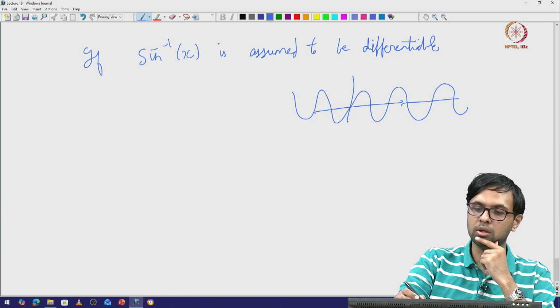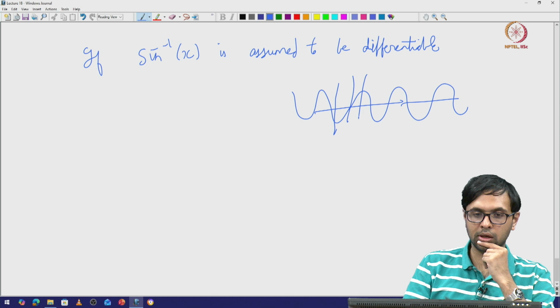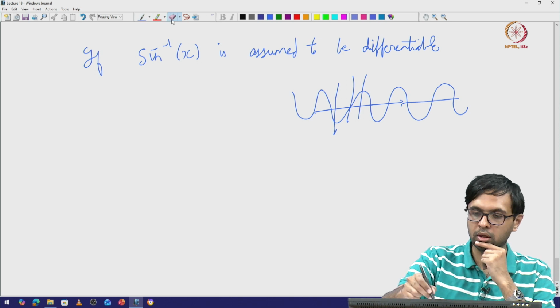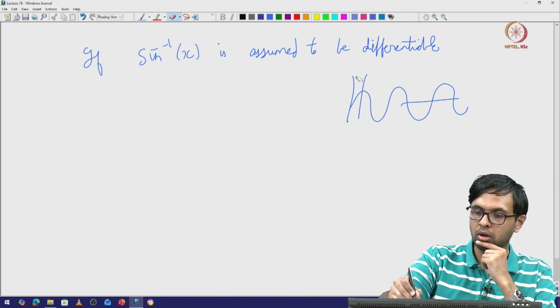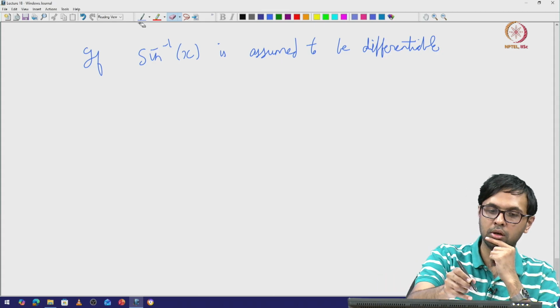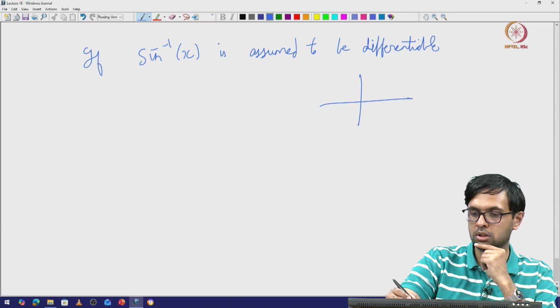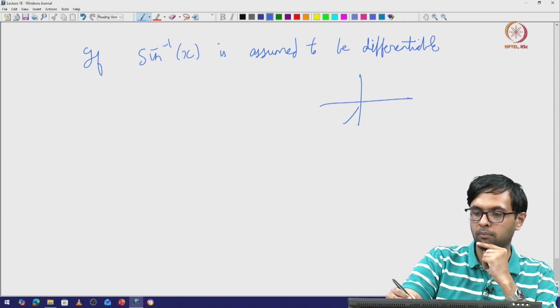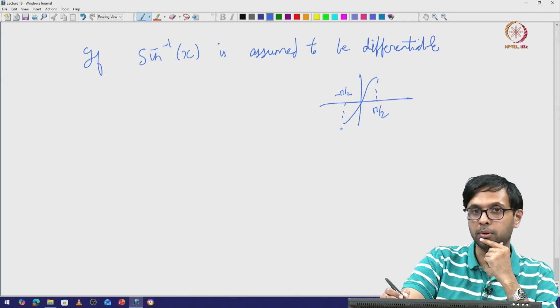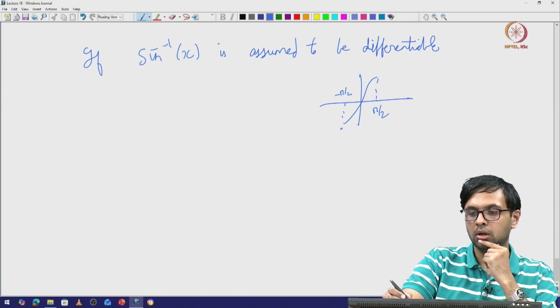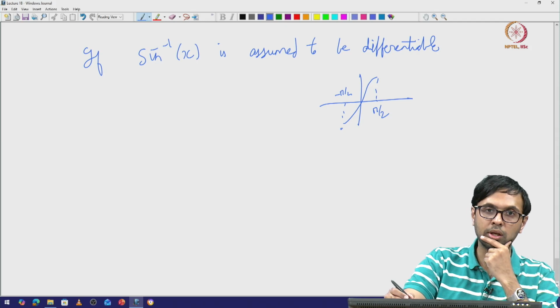But if you restrict its domain to, let us say, for example, this piece, right? So if you pretend that sine is defined not on all of R, but say, for instance, between minus pi by 2 and pi by 2. Right, suppose you assume this is the case. Well, here it is surely 1 to 1, right?